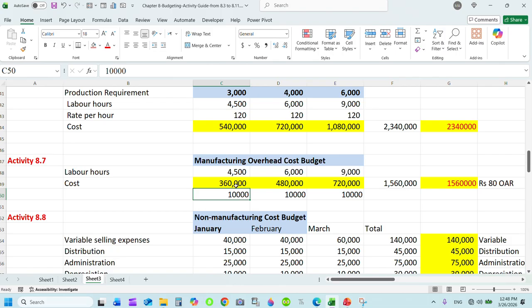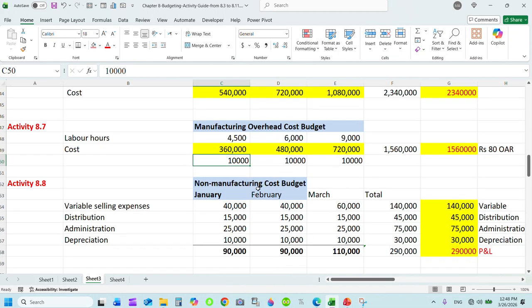So accordingly, our overhead cost should be 360,000 minus this. For February, 480,000 minus this. For March, 920,000 minus this. So this is for your working, this is not part of your answer.